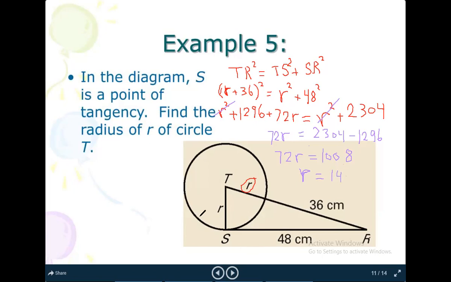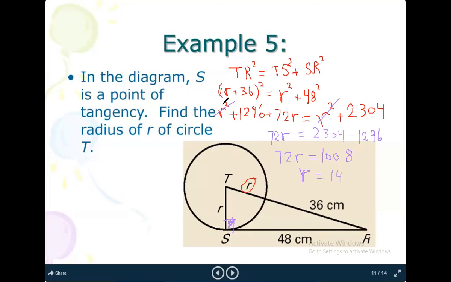Right? So in case we have a question like this, he put a tangent. So we said that this angle should be 90 degrees, or we can say that TS is perpendicular to SR, and he's looking for R. So this hypotenuse consists of R plus 36. And this one is R and this one is 48. So we are going to use the Pythagorean theorem: TR square, which represents the hypotenuse, equal TS square and SR square, and you will add them together.